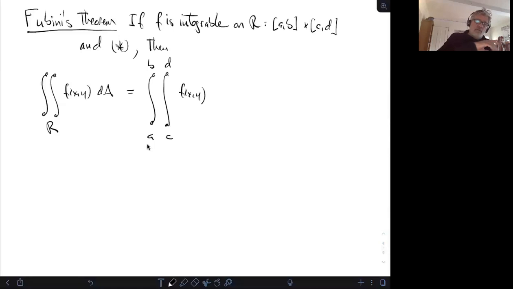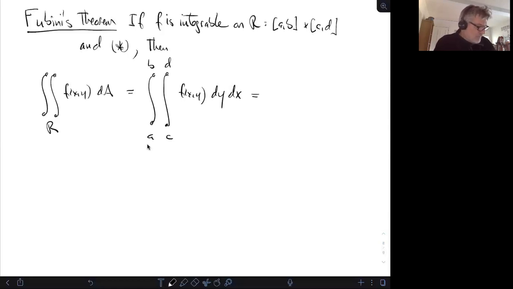Now, you have to be extremely careful, and I'll talk about that when I do more examples. But the dx, dy, you just can't write them in any order you want. You have to change the limits of integration accordingly. So here, a and b are the x values, right? So that means that the dx should be the last. So this is important. Because if you flip only two of them, you're not going to get the right thing.